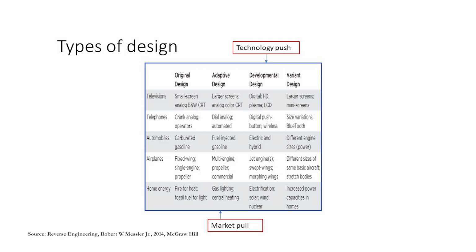So, the adaptive design resulted as a result of the market's needs. To create these adaptive designs, developmental designs and variant designs, again you would have to understand the original design and modify it, or understand what the limitations in the original design are. So, reverse engineering helps you to understand the original design properly, so that you can either adapt it or develop it.